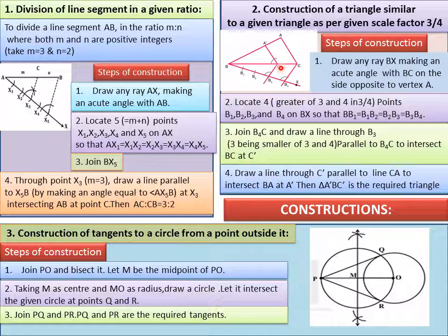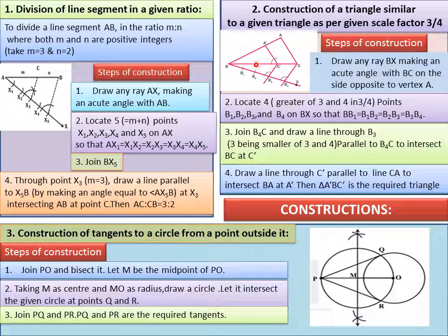And then from C', we need to draw a line parallel to AC. How to do it? Again, it's the same procedure. Draw an arc here with the compass at C, with the same arc draw it at C' also, and with the same arc length again cut here, such that this point gives us A'. Now C'A' is parallel to CA.